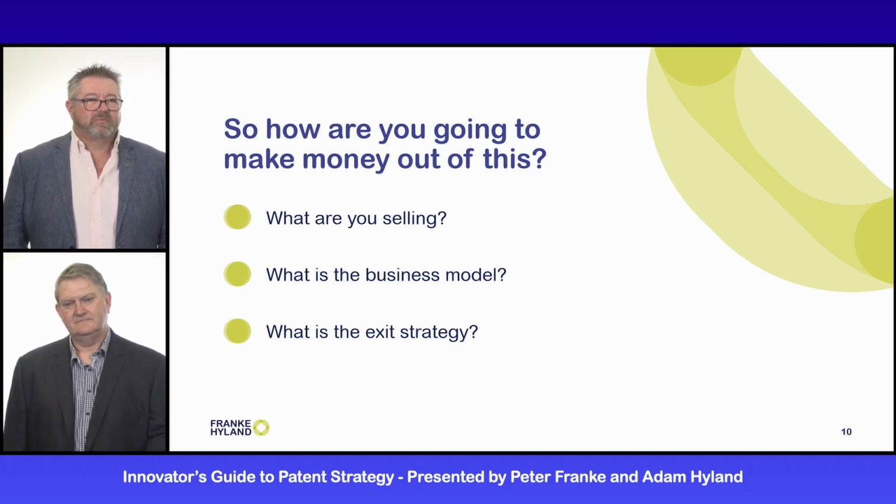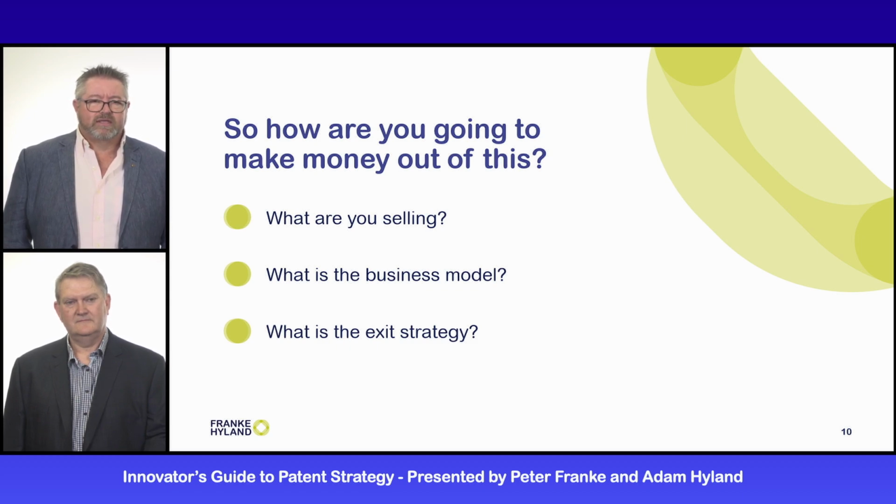This is really important because, on the one hand, if you're planning to build a factory and manufacture this product for decades, that's one business strategy, and that would lead to one type of IP strategy. But if your plan is to simply test the market, prove the product, and then hope to be bought out by a larger competitor or company, then that would lead you down a different path for the type of IP strategy that you need.